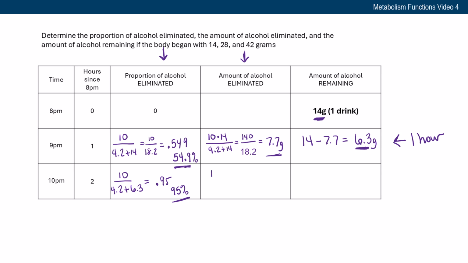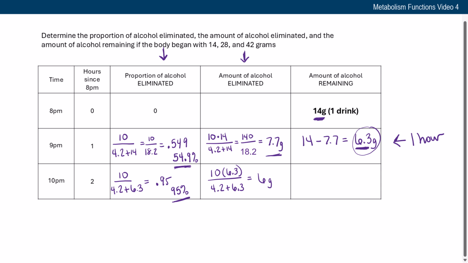Next column, we have the amount of alcohol eliminated. That's going to be 10 times 6.3 divided by 4.2 plus 6.3, which equals 6 grams. Again, I just quickly want to talk about what those two numbers represent. After 1 hour, you only have 6.3 grams of alcohol in your system. Your body can now metabolize 95% of that alcohol, and that is equivalent to 6 grams.